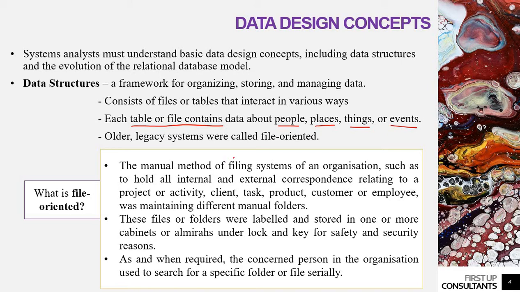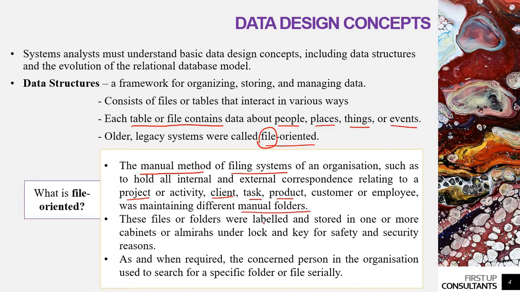The older data structures, we call file oriented. When it comes to file oriented, you must know that it is the manual method, a manual filing system in which all the data about the projects, the clients, the tasks, and the products are maintained using different manual folders.